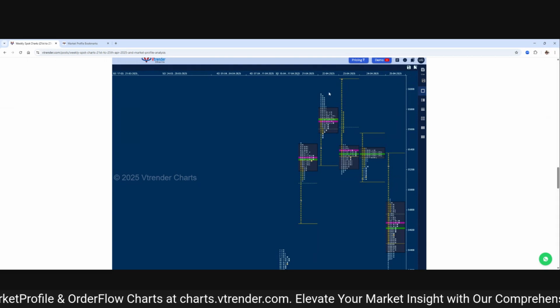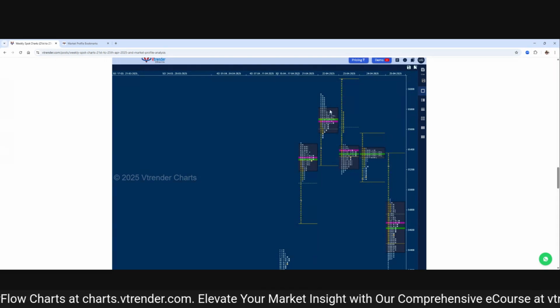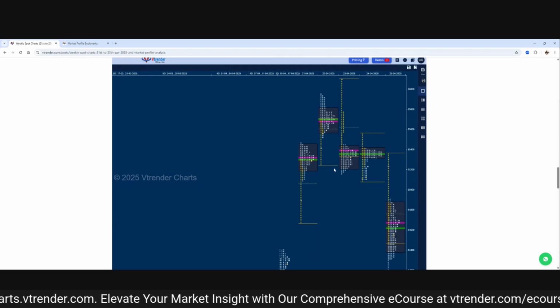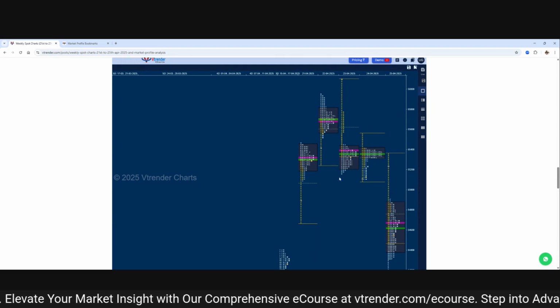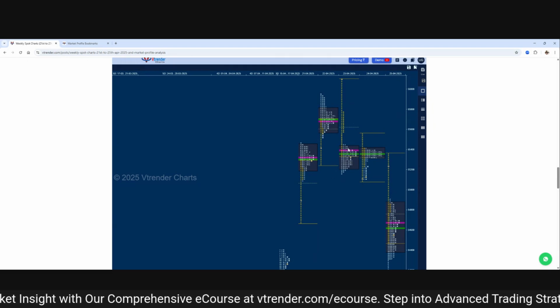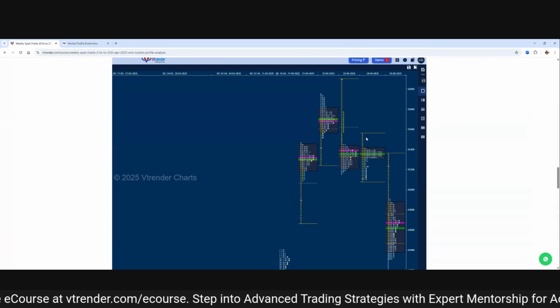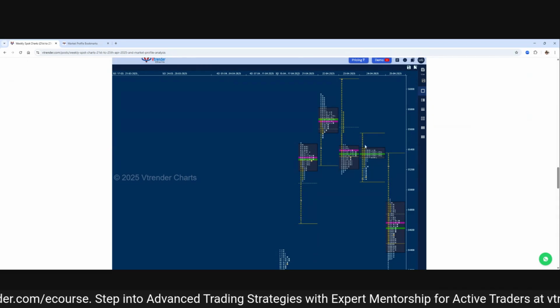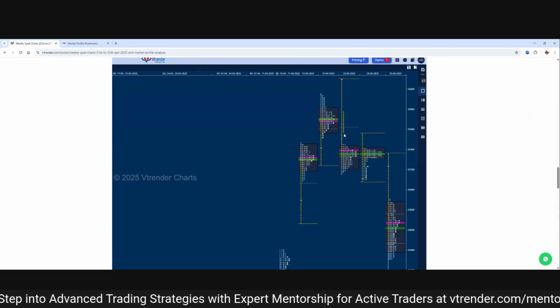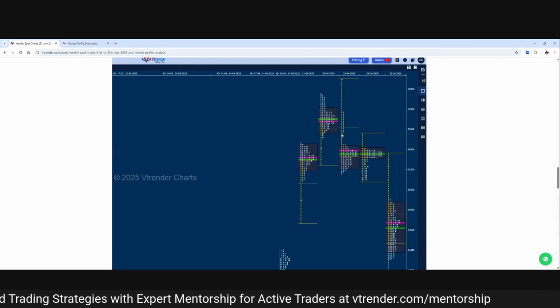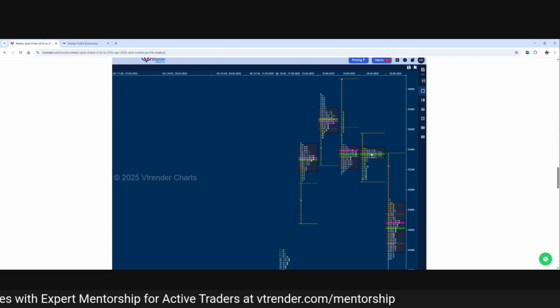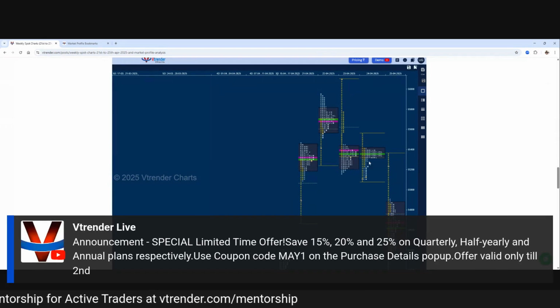So it was a special case where it swiped through previous value and range and formed this B-shaped profile. And what happened in the next session was, it made an attempt to move higher, but it got stalled right at this extension handle from 23rd, and it formed an overlapping B-shaped profile again.